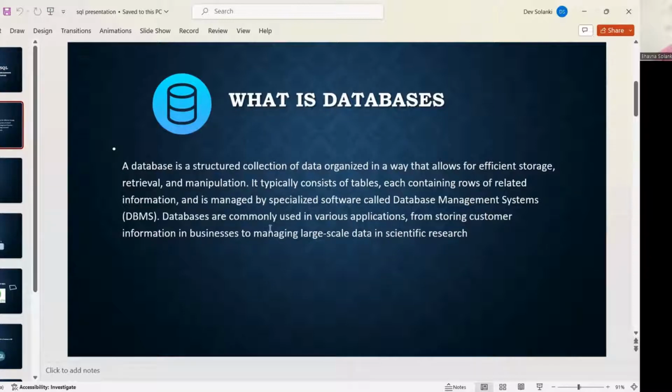So this is the main use. It typically consists of tables, each containing rows of related information, and is managed by specialized software called database management system. Let me give you one example to explain this.